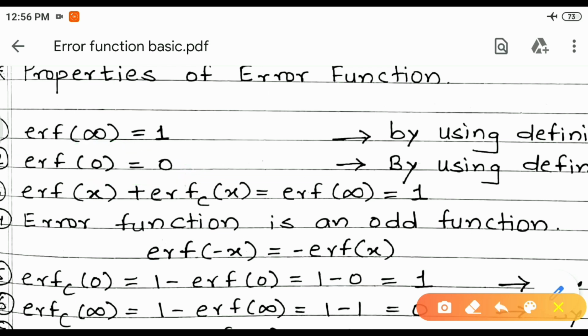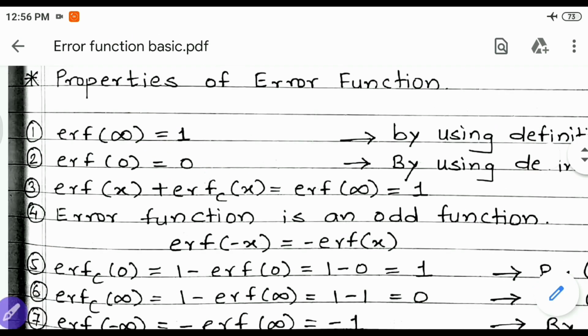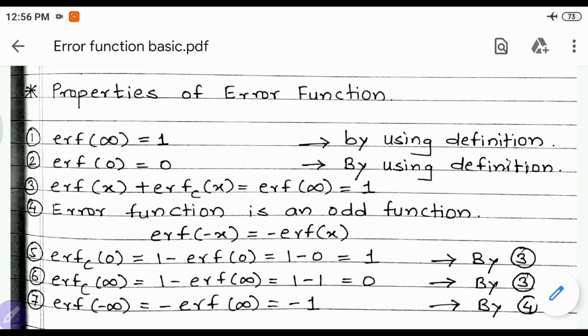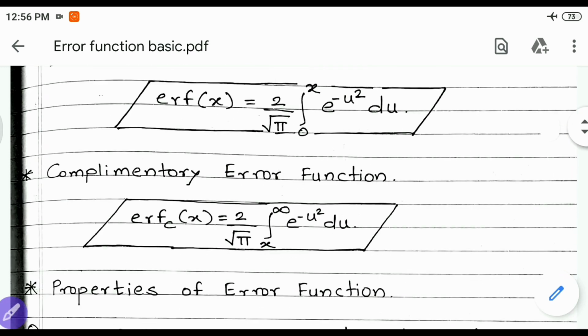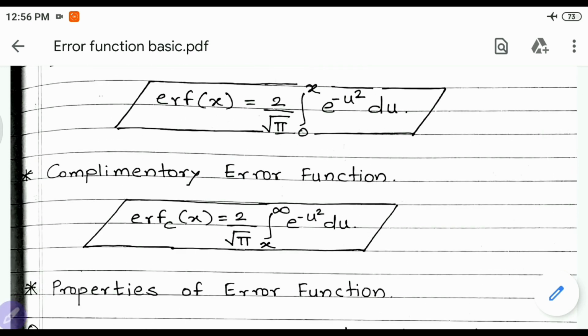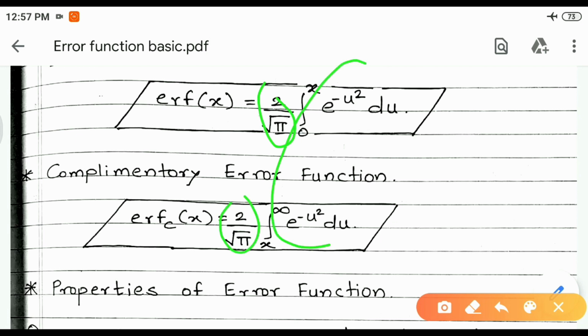Now the next property is also important: error function of x plus complementary error function of x. If you add these two definitions, 2 upon root pi will be common to both. When you add the integrals, you have two limits, 0 to x and x to infinity, so when you combine them you get the limits from 0 to infinity.